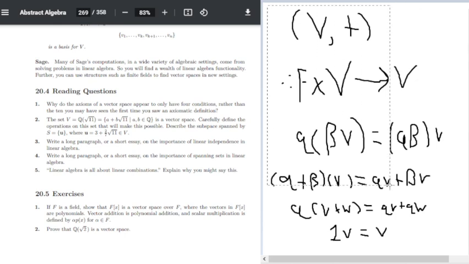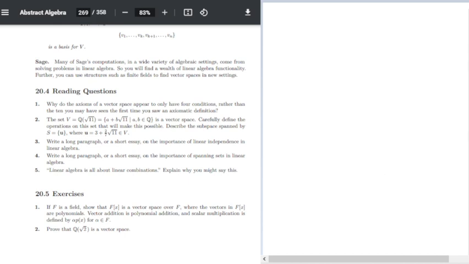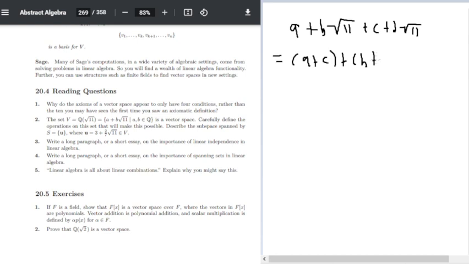Alright, so let's get rid of these. Actually, I'll only put them to the side. Alright, the set V, A plus B square root 11. We'll define A plus B square root 11 plus C plus D square root 11 to be equal to A plus C plus B plus D square root 11.